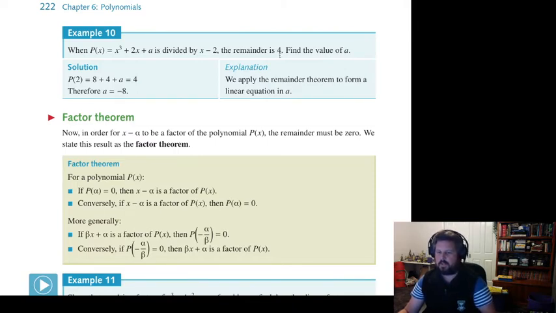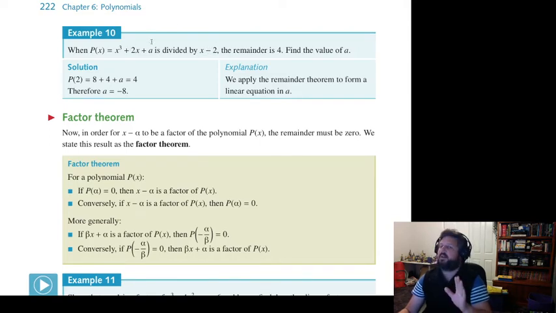We just need to apply the remainder theorem to find out what this unknown value is. So if we were to divide by x - 2, we need to do the negative of that as part of the remainder theorem. So the negative of -2 is obviously +2.